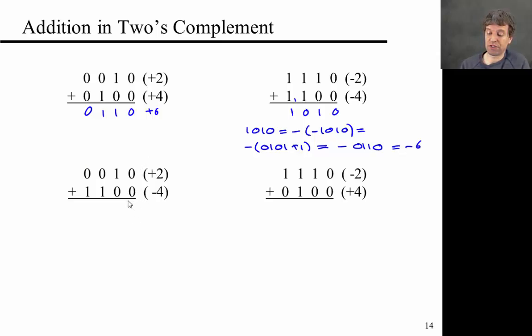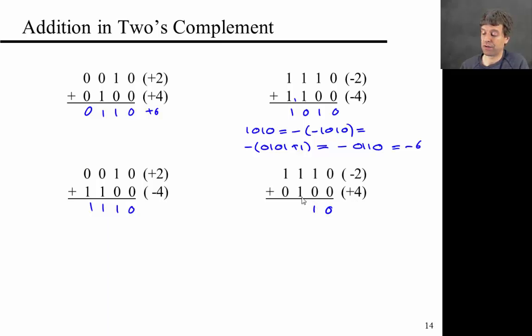Here, 2 minus 4, just going to add again, 0, 1, 1, 1. That in fact is, well, it's not obvious, but you can easily convince yourself that this is negative 2 by just flipping the bits and adding 1 to this. And then over here, minus 2 plus 4 should give you plus 2.